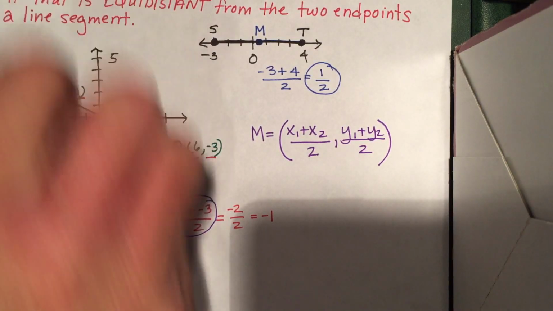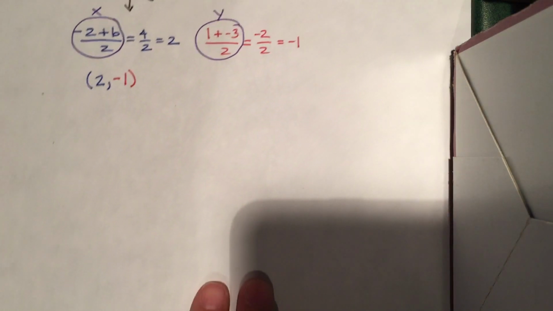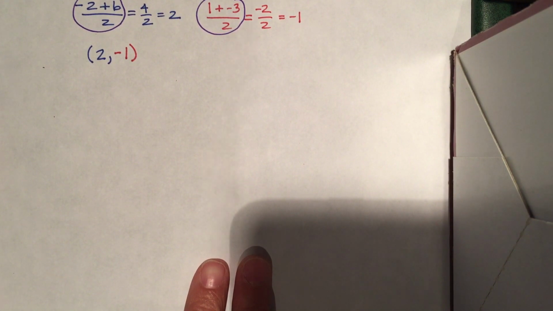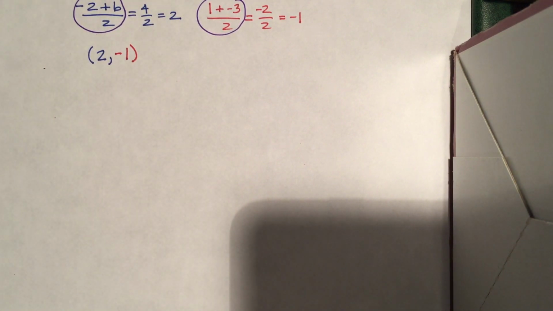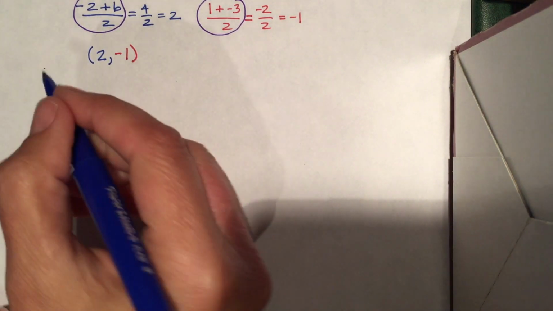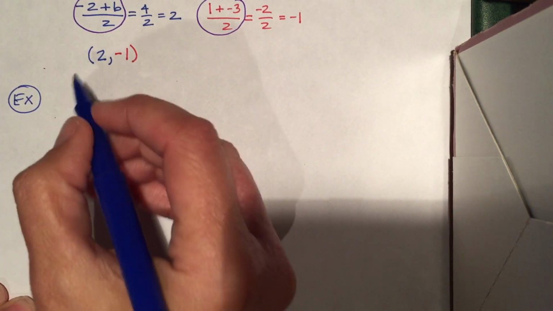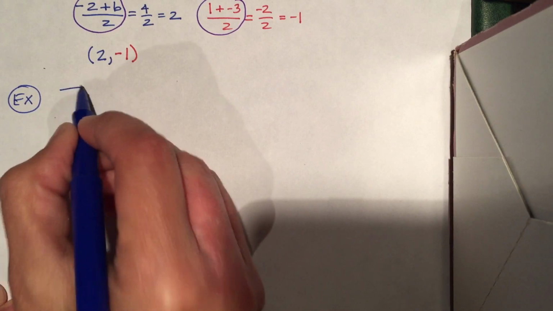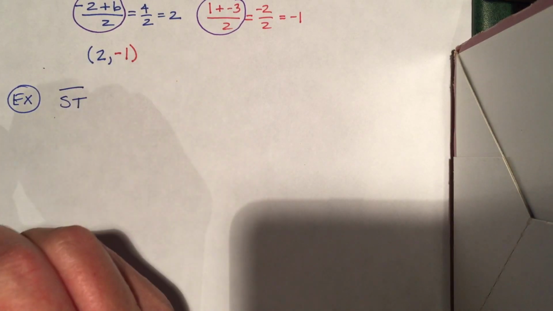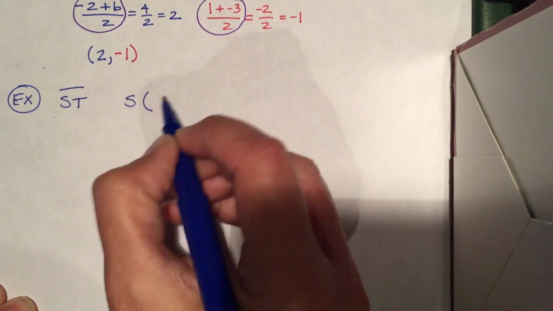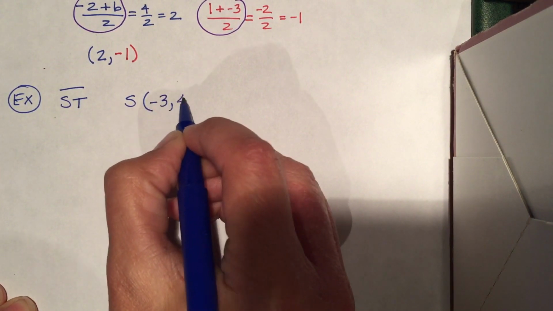Now sometimes we won't be given the midpoint. We will actually be given an endpoint and the midpoint. So here's an example. Let's say I have line segment ST, and I know S is at -3, 4.